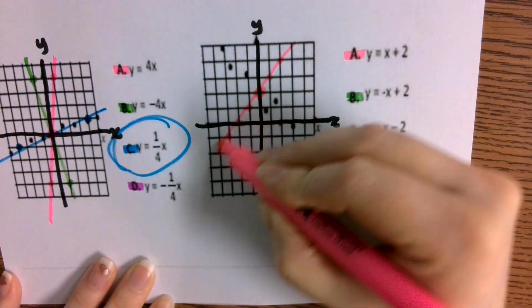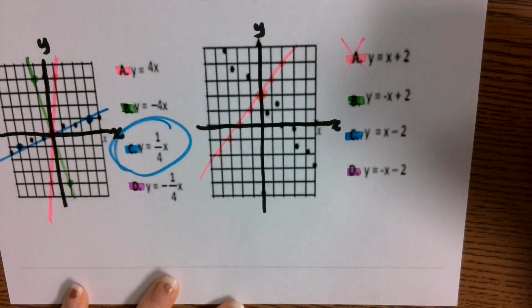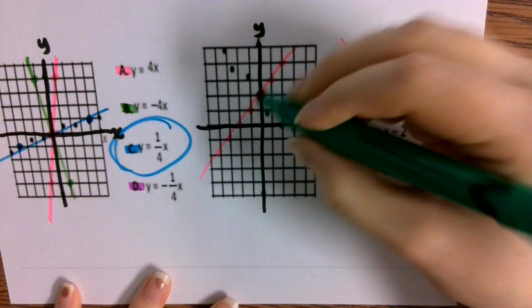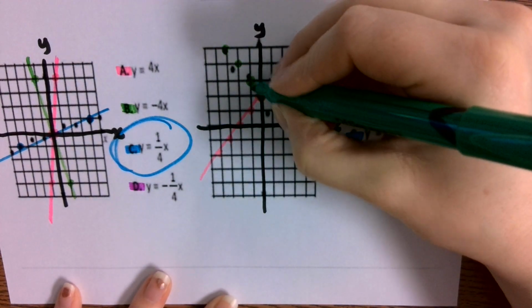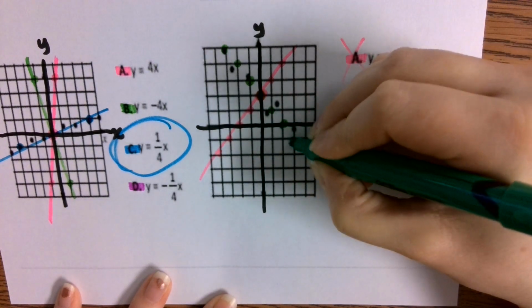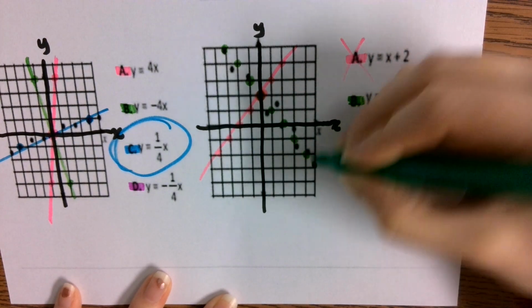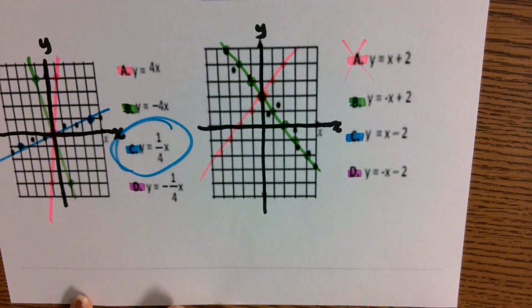So this obviously is not going to work because I want to go into a negative direction. So if I take a look at graph B, starting at +2, going up and to the left, or down and to the right, this is what it looks like. Okay, and that is a pretty good trend.